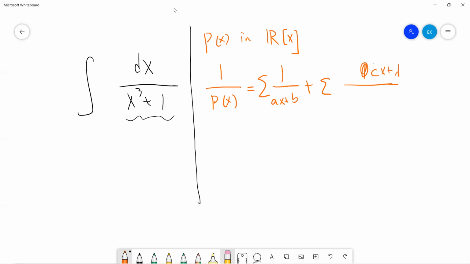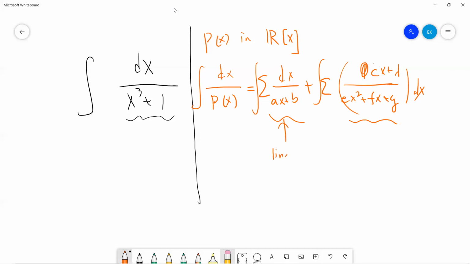Once you do the integration on both sides, then you can easily solve these two. Once you have the capability to solve the 1 over linear, then you should have the capability to solve the linear over quadratic.